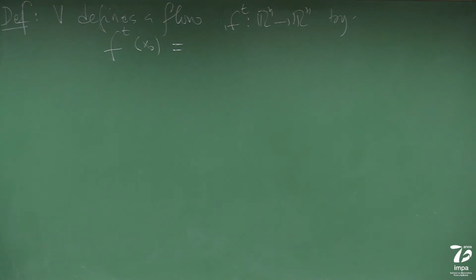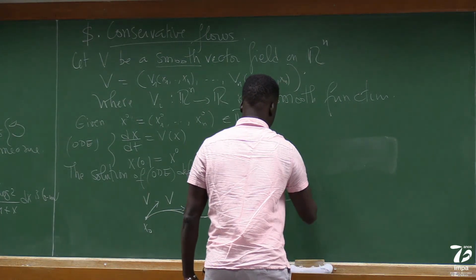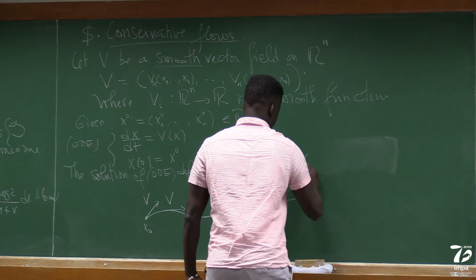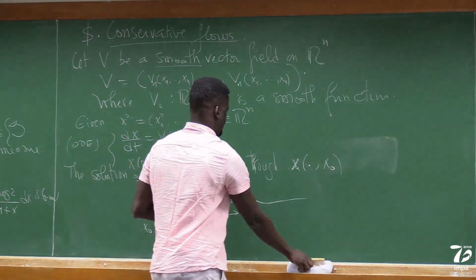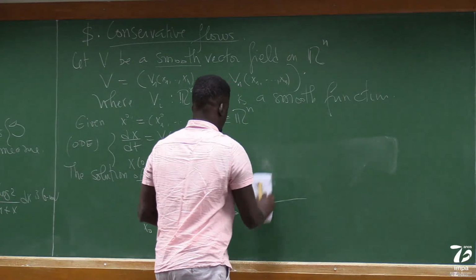Let's call this curve by a name: x of t, x naught.